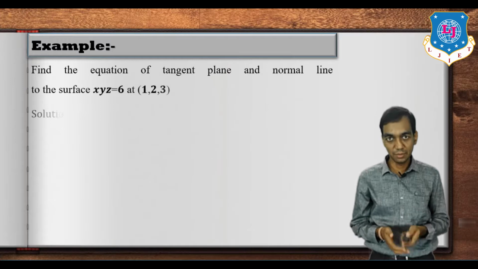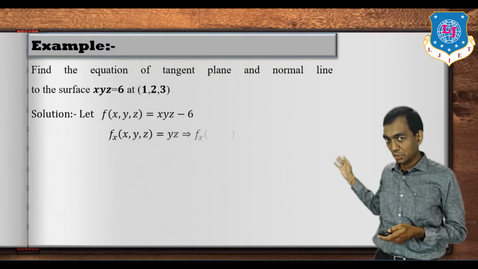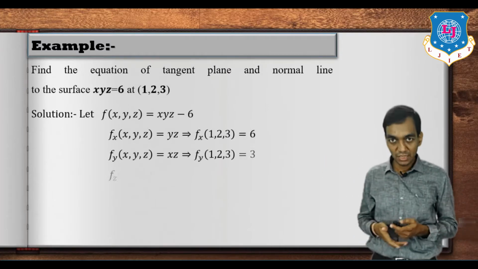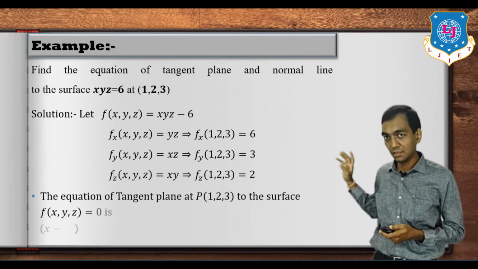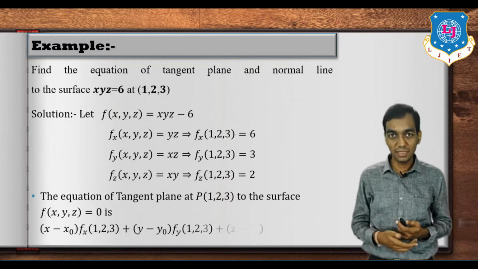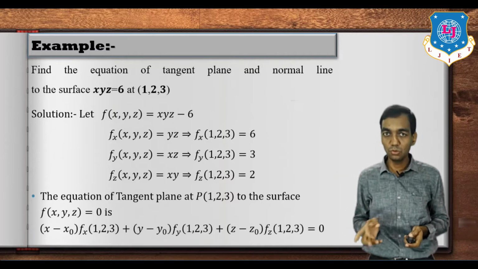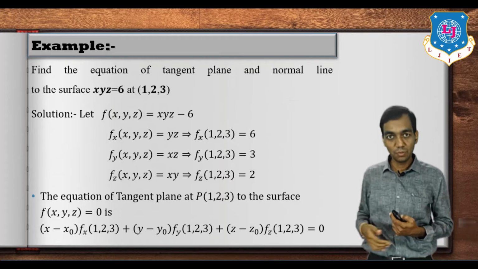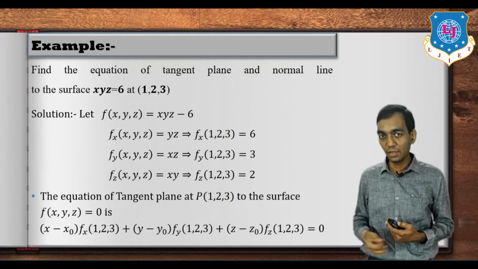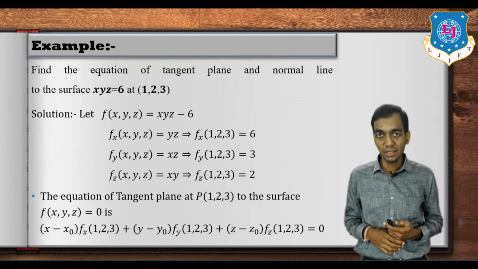Now starting with the example: find the equation of the tangent plane and the normal line to the surface xyz = 6 at the point (1, 2, 3). First take f(x, y, z) = xyz - 6.